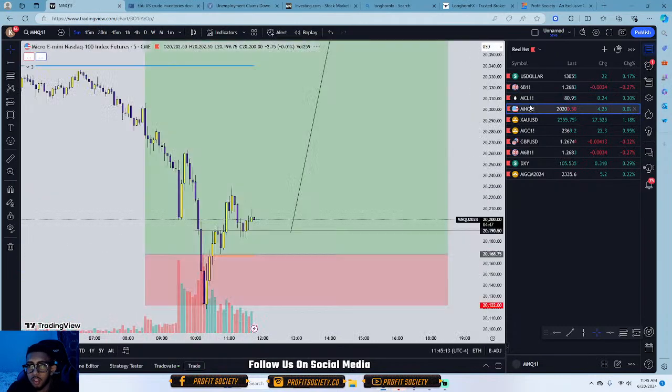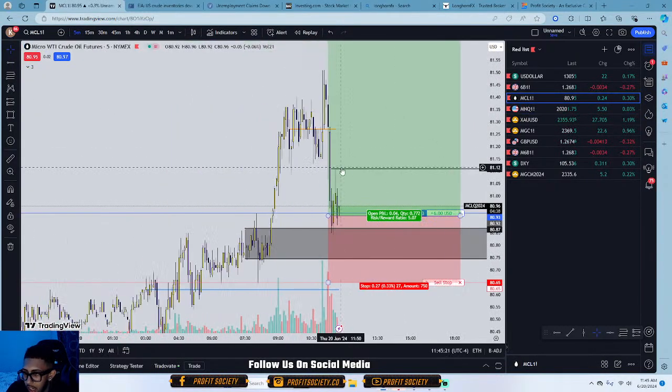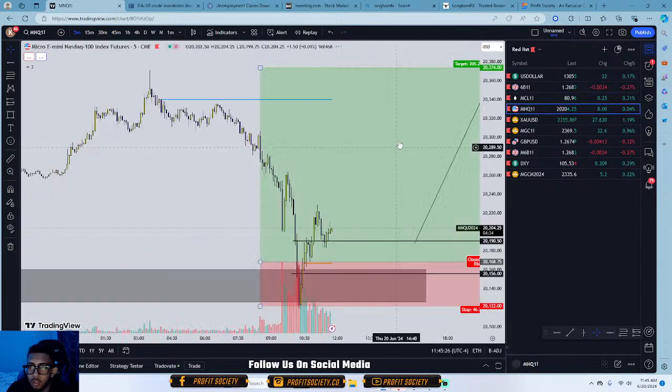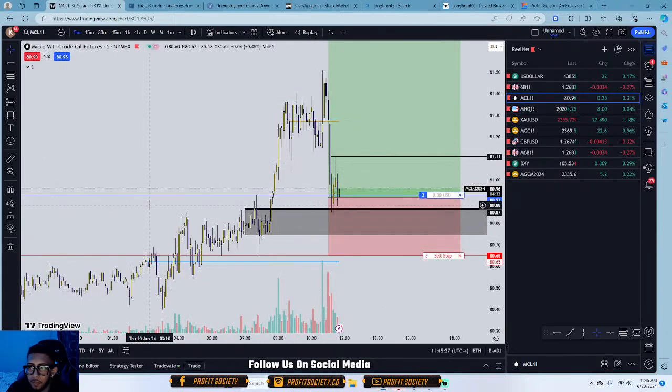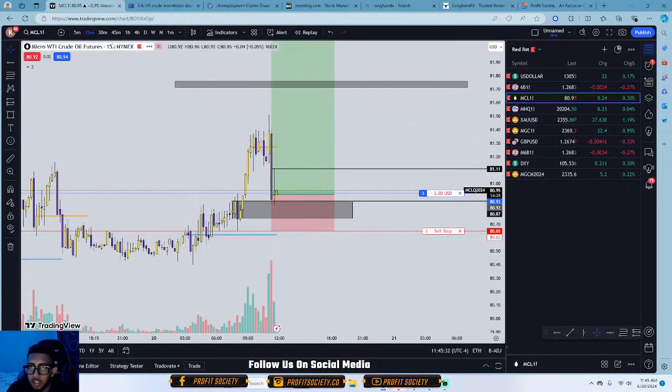I think even 1 trade is enough. But 2 trades, I try not to even take 2 trades. Oil just really stuck out to me.